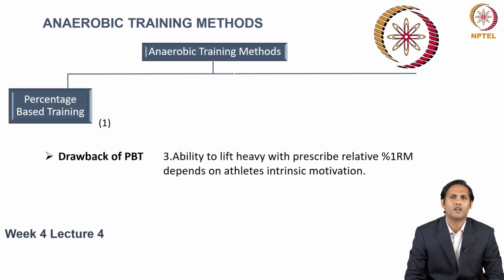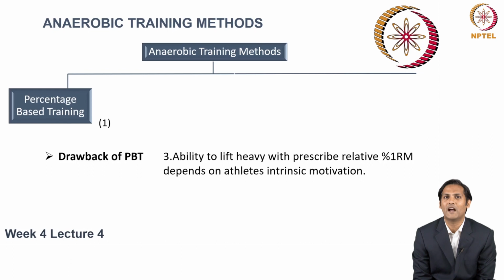It means that if you are motivated for a given workout, you may even lift much heavier than the prescribed load. In that example, 80 kg was 80% of 1 RM, considering that 100% was 100 kg.